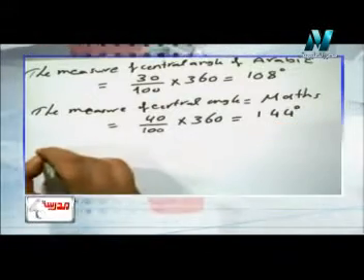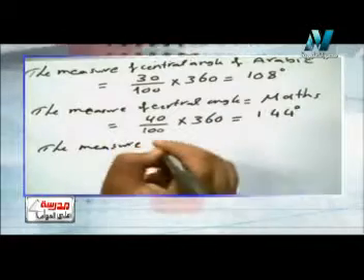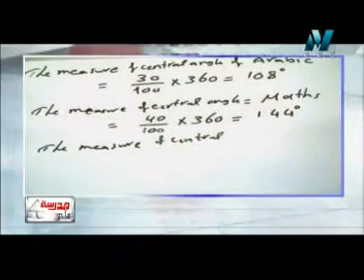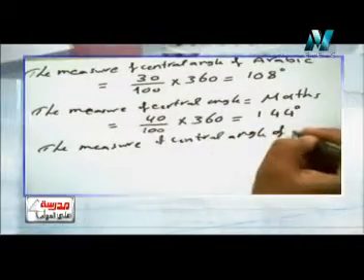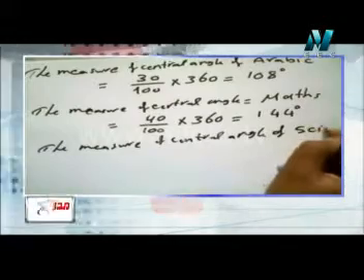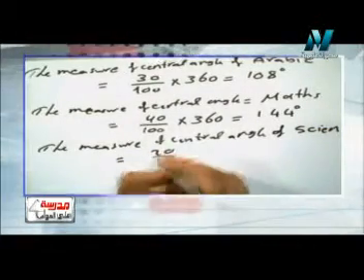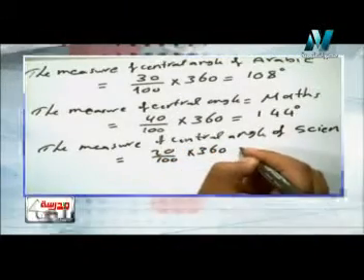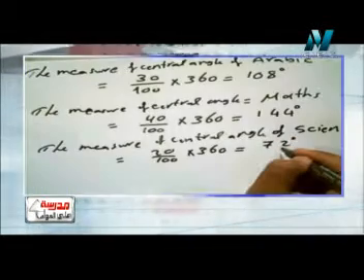To find the measure of the central angle of science, it equals 20 over 100 times 360 equals 72 degrees.